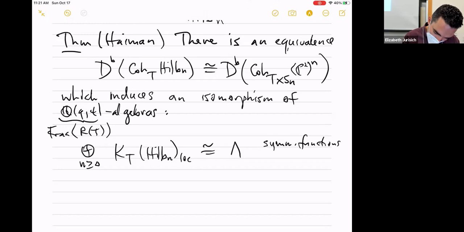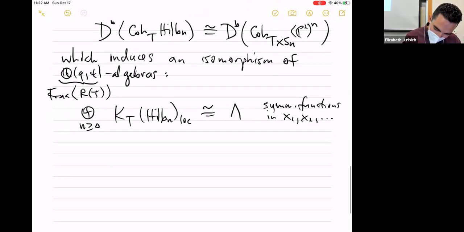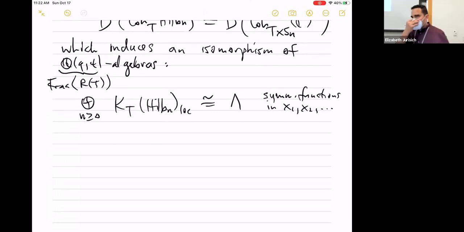Here we have infinitely many variables. So the n on the left actually corresponds to the degree on the right. So it's a different n than before. It's not the number of variables. The little n is the degree of the symmetric function.